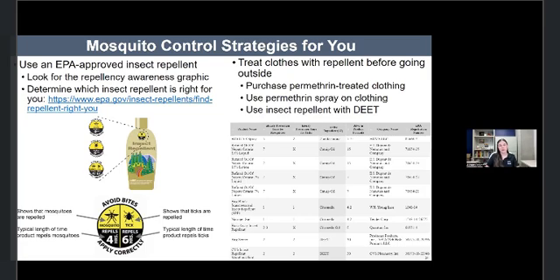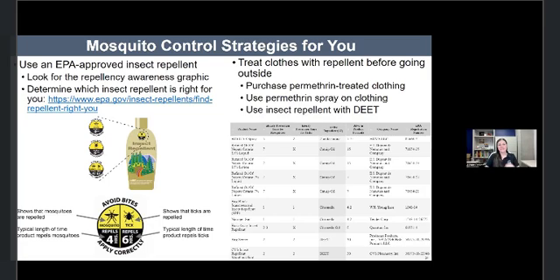It also tells you the active ingredient, which could be really important if you are looking for something that's naturally occurring, or maybe you have sensitivity to certain chemicals. You could see that and some other information, but those first few columns are really helpful, I think. So if you're looking for different repellents, trying to figure out what's best for you or your family, that's where I would go, that website.